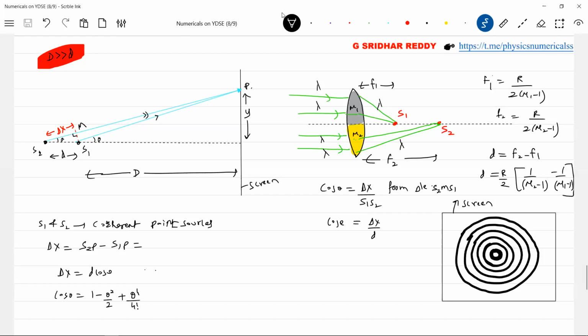Let me recollect the expansion of cos theta, with theta very small.